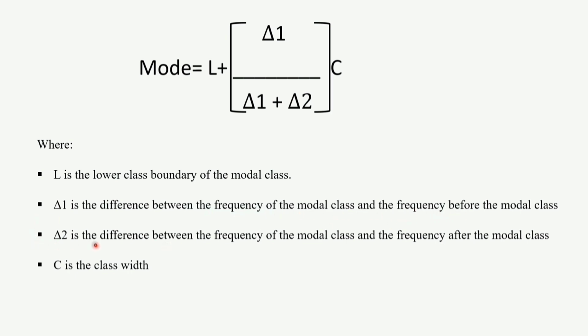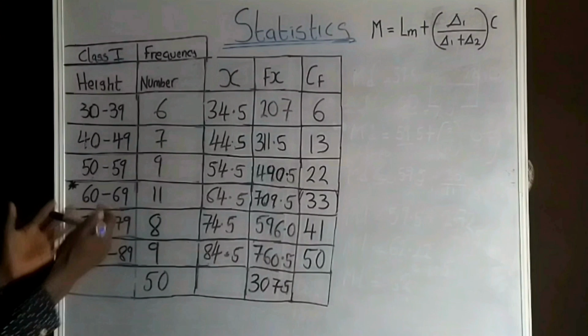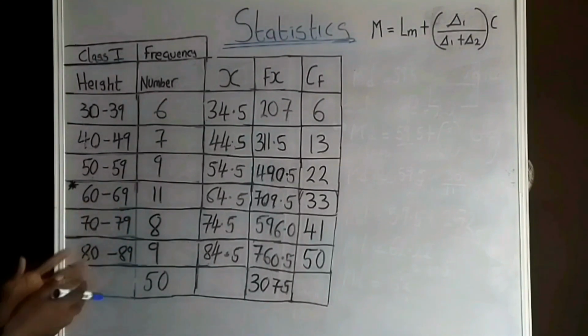Delta 2 is the difference between the frequency of the modal class and the frequency after the modal class. And C is the class width. Don't forget that the class width is obtained as the difference between the upper class boundary and the lower class boundary.